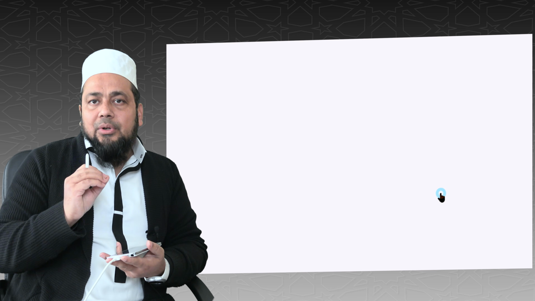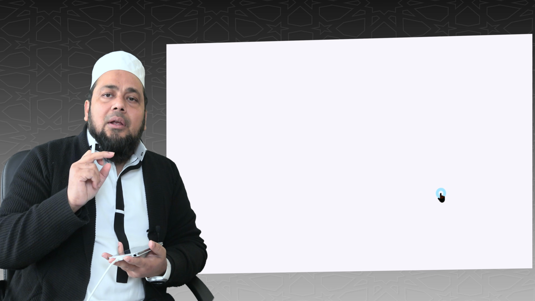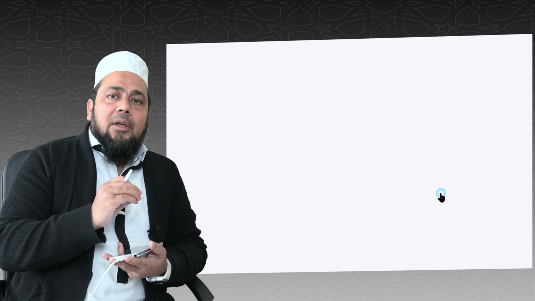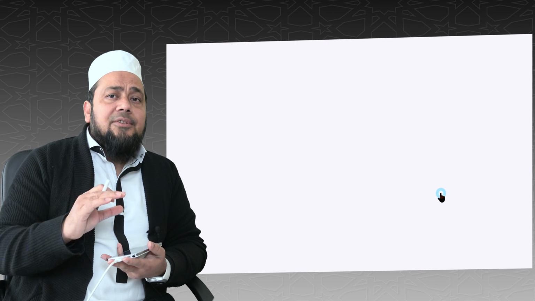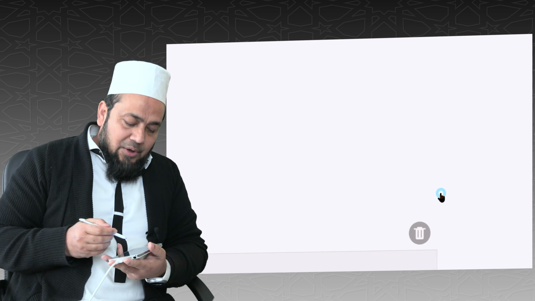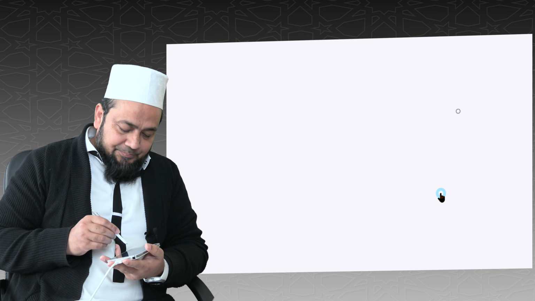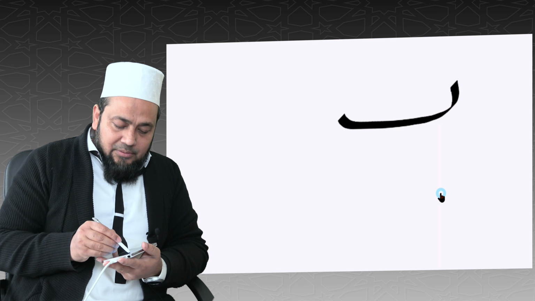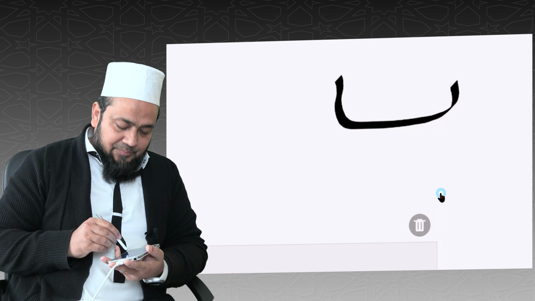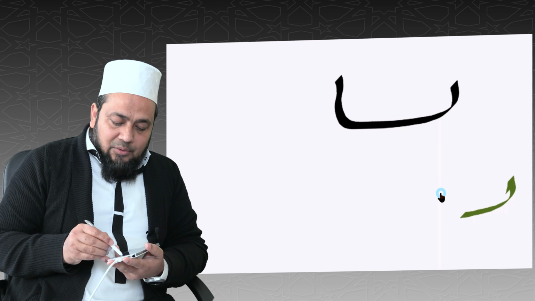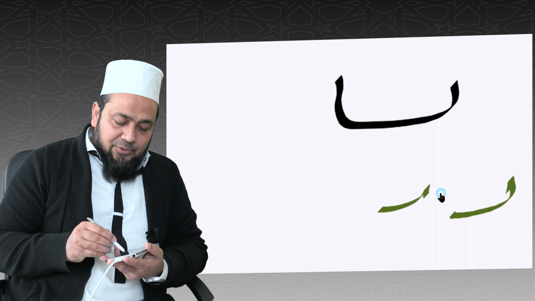I'm going to show you the next letters, Ba, Ta and Tha, together because these three letters are exactly the same. Let me show you how. This is a stand-alone shape. Beginning of the word shape is this one.